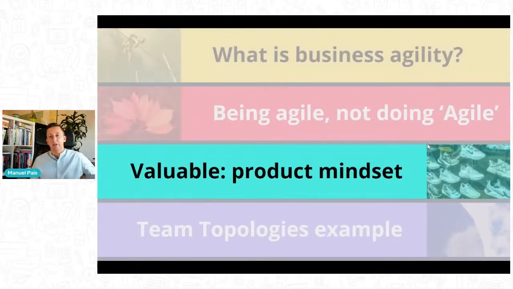Another critical aspect to support fast flow is the product mindset, as you've probably realized by how many times I've mentioned product by now. So obviously we're starting with a good product development approach for the products we provide to our end customers that provide value to the organization, provide the revenue of the organization.